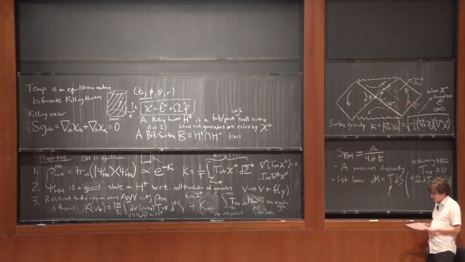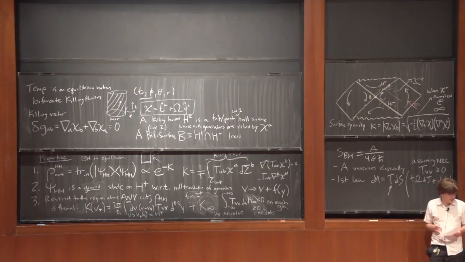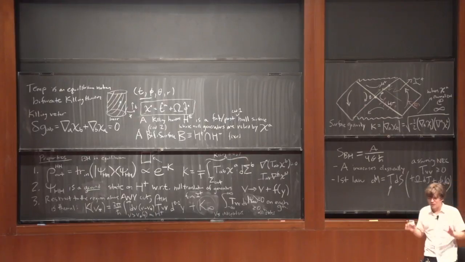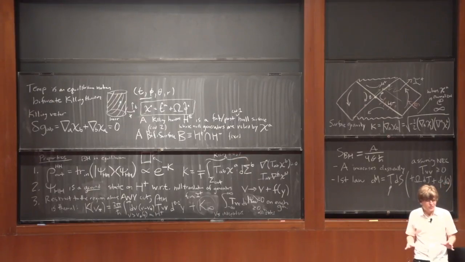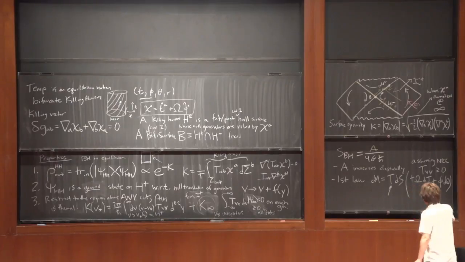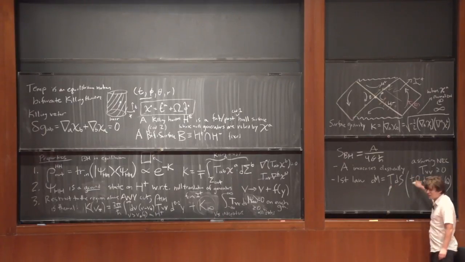The first law can actually be interpreted in two different senses. There's a stationary comparison version, where you take two infinitesimally close black hole solutions and compare their parameters, their intensive and extensive parameters, using this formula, and it works out.